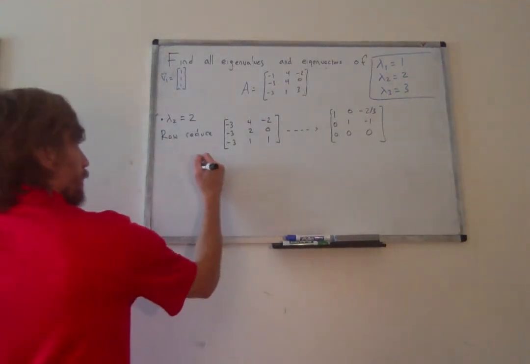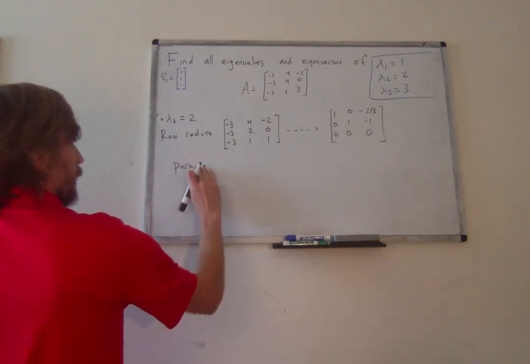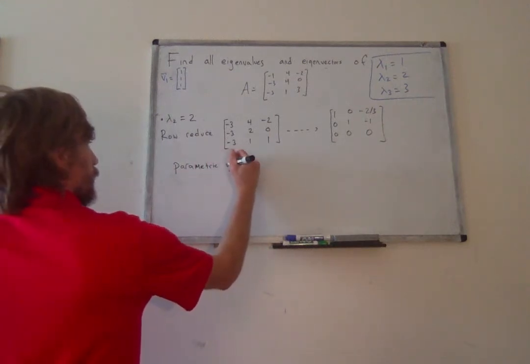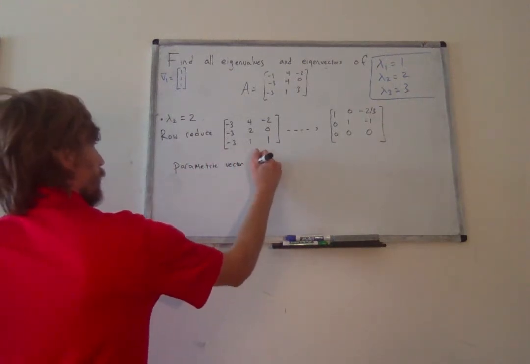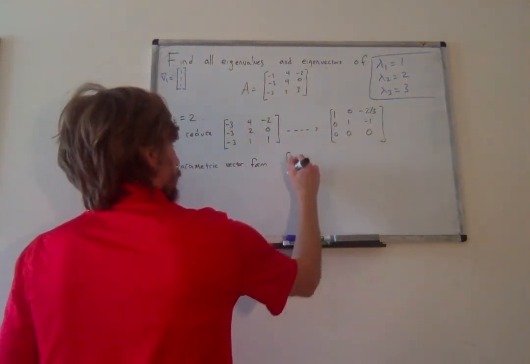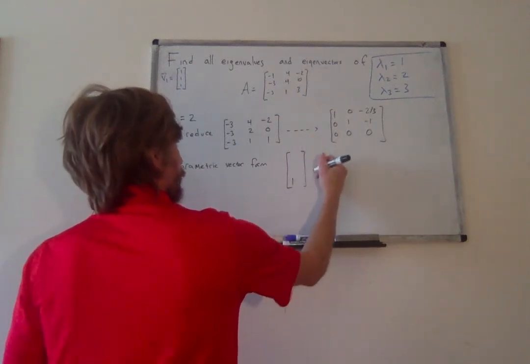And so remember, you can write this in parametric vector form. Since x3 is our free variable, it corresponds to this free parameter t.